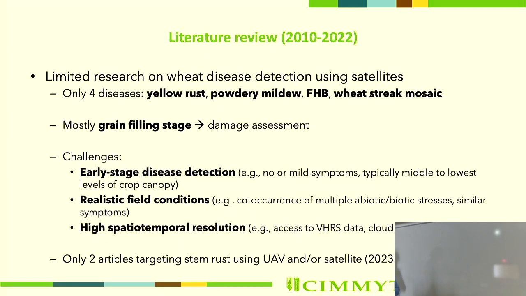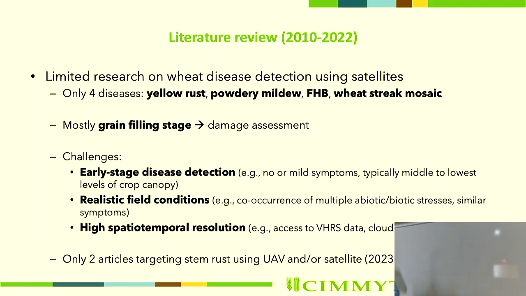When I started with this, I did a brief literature review looking at wheat diseases for detection and monitoring, using satellites for detection and monitoring. And I noticed that they focused only on 4 wheat diseases, actually. So yellow rust, or stripe rust, powdery mildew, FHB, and wheat streak mosaic. And when they did this, mostly looked at the grain filling stage.